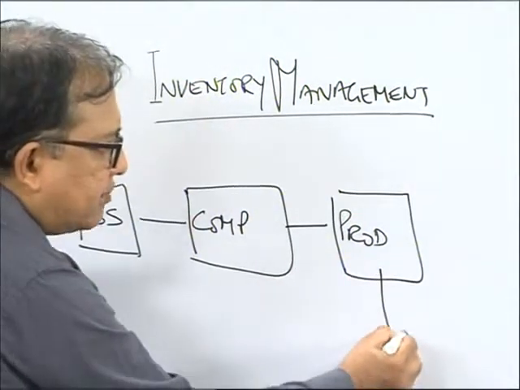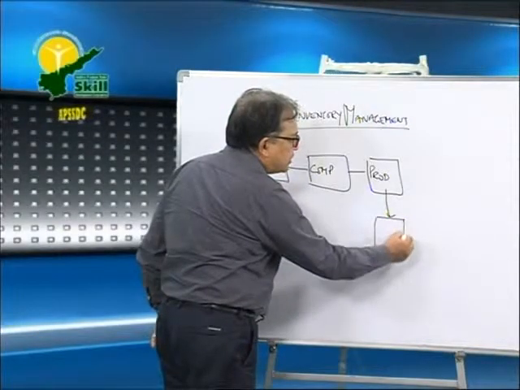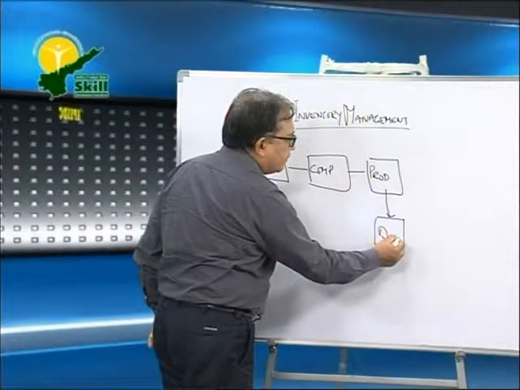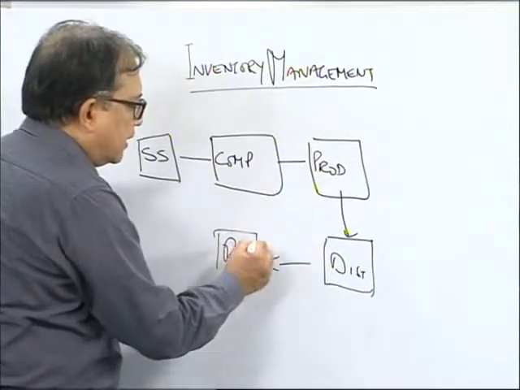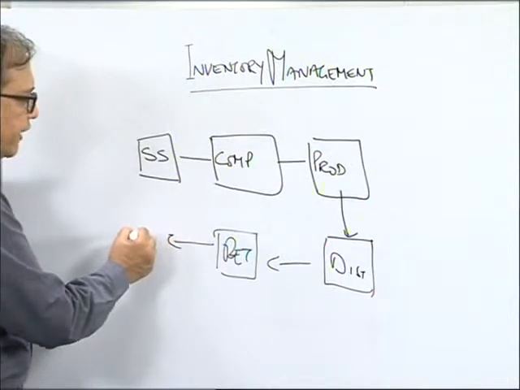Once the product is made, it goes through the distribution channel, that is the distributors, the retailers and the final customer.